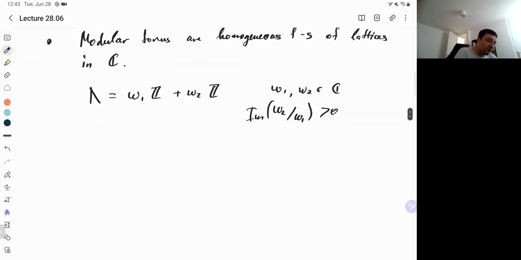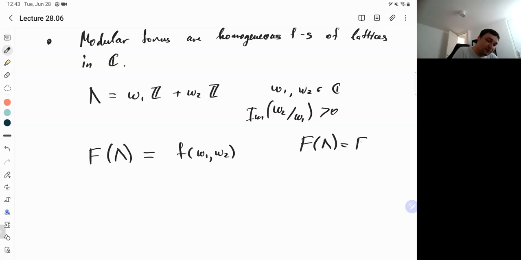And so what you want to do is define somehow a function of a lattice lambda to be some function of omega 1, omega 2, and you want to know that if you choose a different basis, then this value doesn't change. First, let's say we want a function f of lambda that is invariant under rescaling the lattice by any complex number.